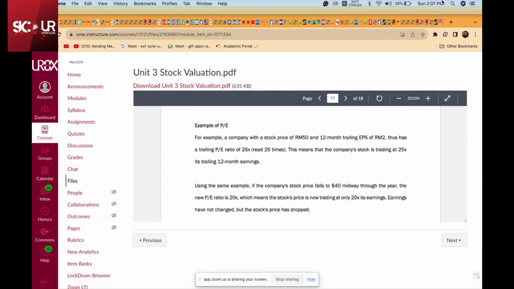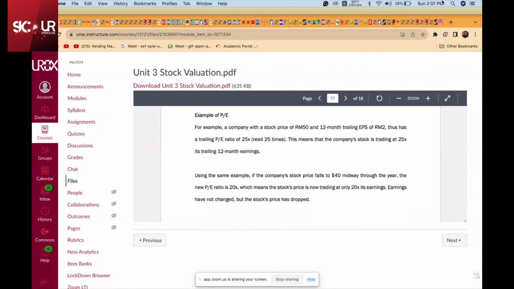Example, a company with a stock price of 50 ringgit and 12 months trailing EPS of 2 ringgit has a trailing price earning ratio of 25 times. This means that the company stock is trading at 25 times its trailing 12 months earning.